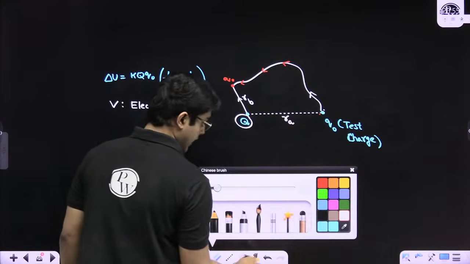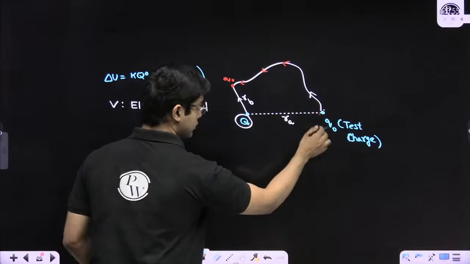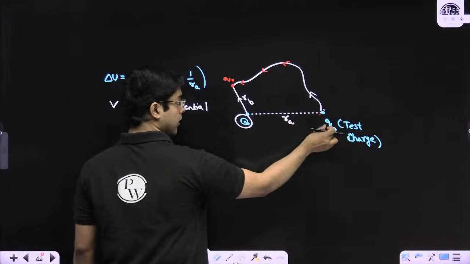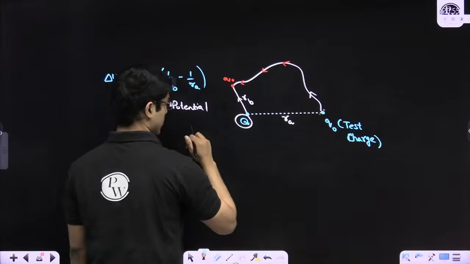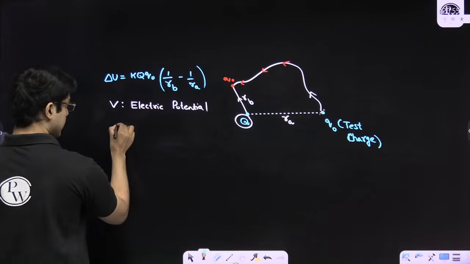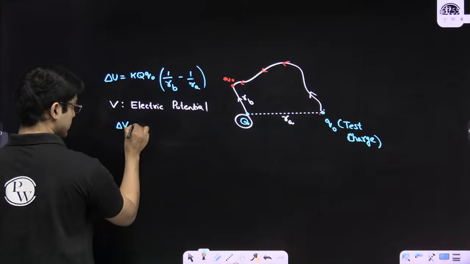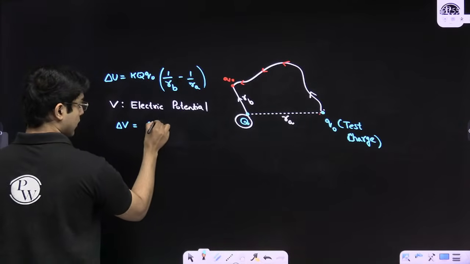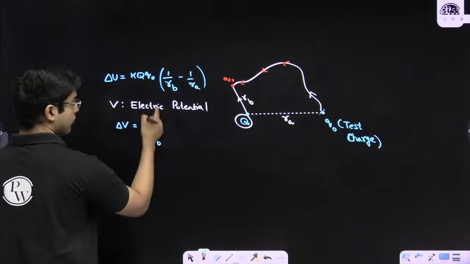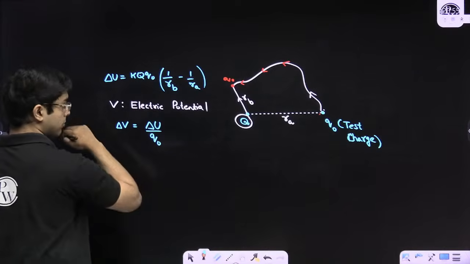For electric potential, instead of a Q naught charge, we want the work done to move a 1 coulomb charge, a unit charge, around. So the electric potential difference is defined as the potential energy difference divided by Q naught. We want to get rid of this Q naught dependency.